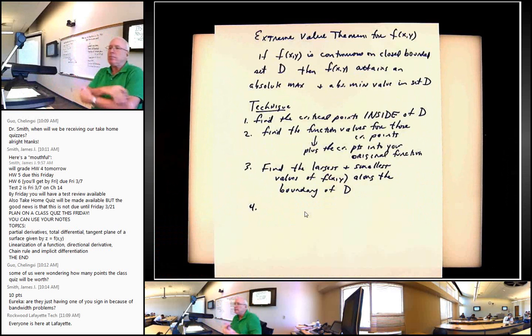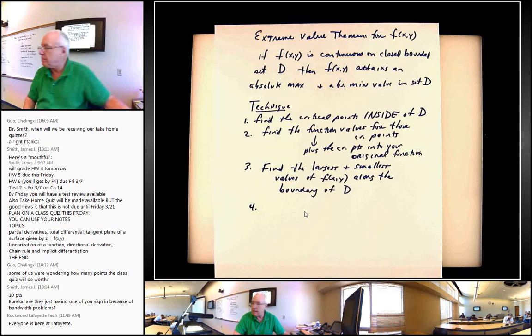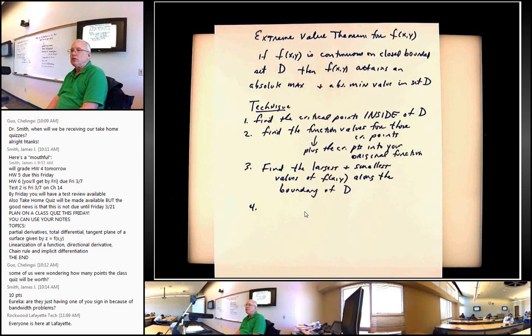And then our last step, if we've made it this far, is very simple-minded. We compare all these function values that we got. We compare the values we got at the critical points inside the set. We look at the function values we got along the boundary, and the biggest value we came up with is the absolute maximum value. The smallest function value we found is the absolute minimum function value on that set.